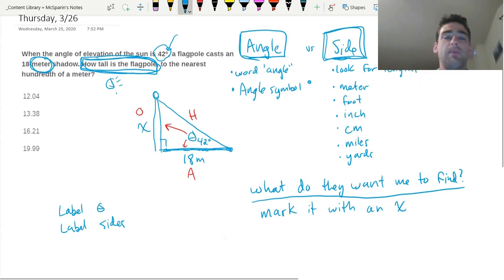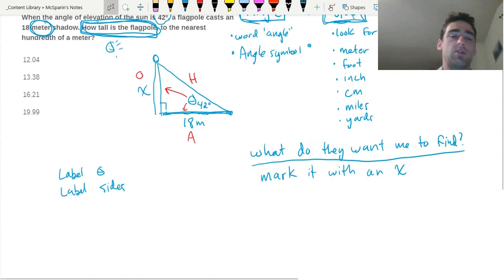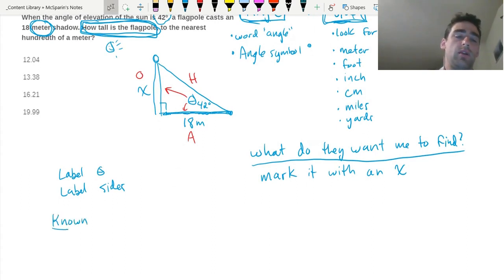And now the next thing, we've been using this terminology of known and unknown. So let's start with known. Well, I know that theta equals 42. I know that my adjacent equals 18.